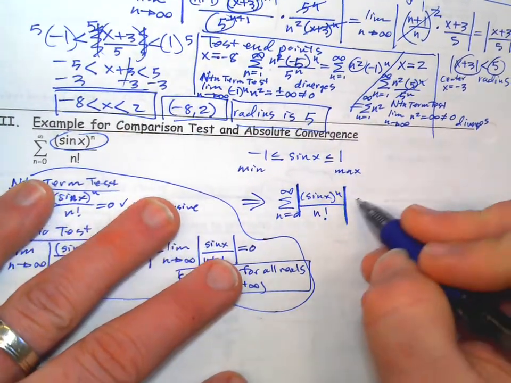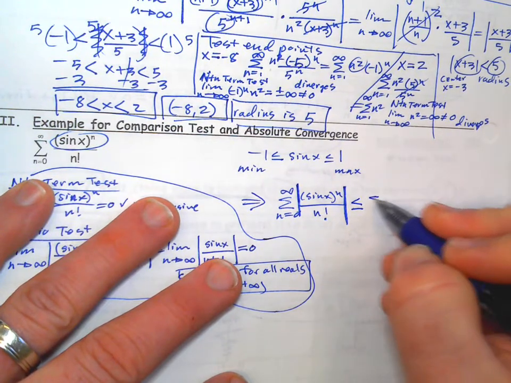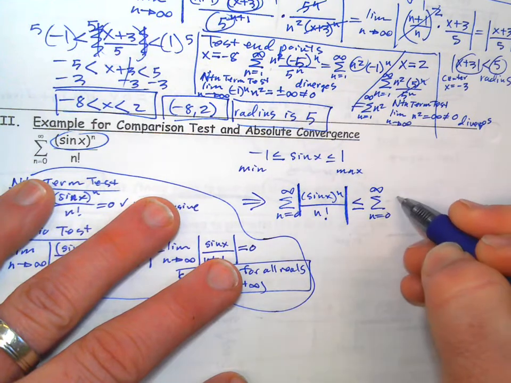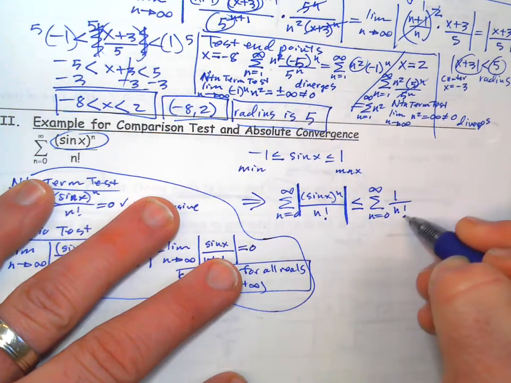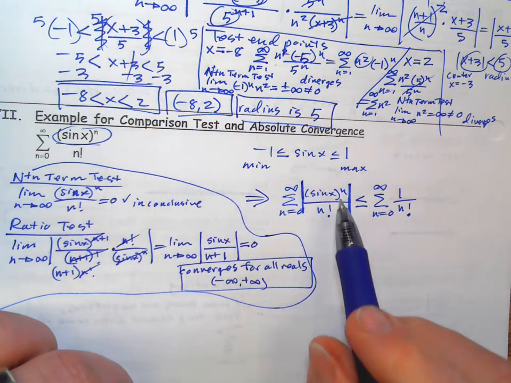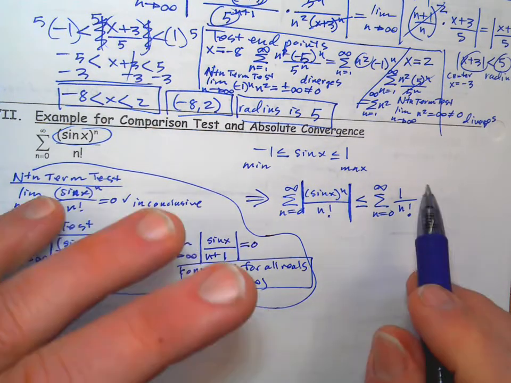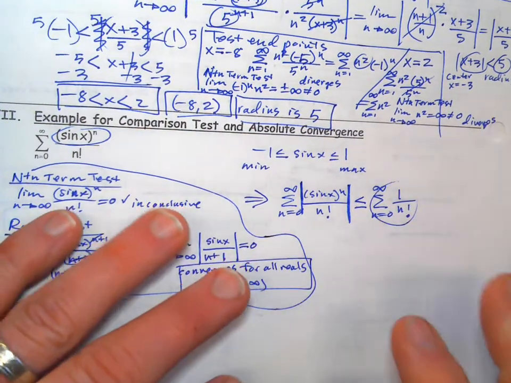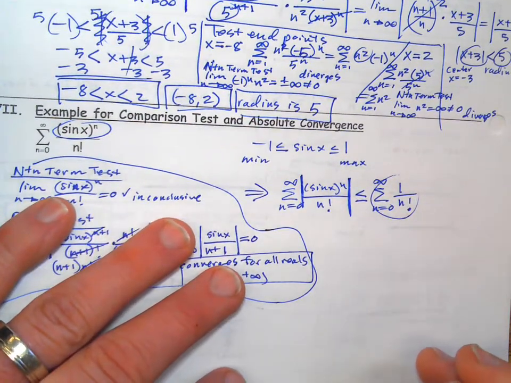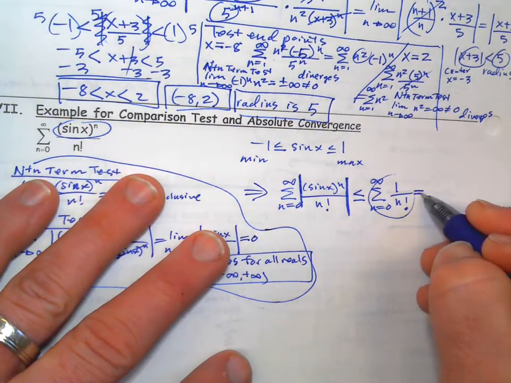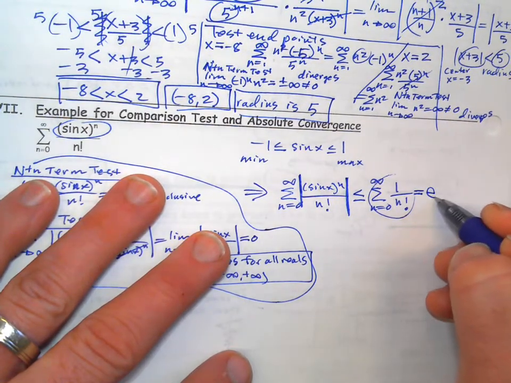We know that this is going to be smaller than, worst case scenario is there's a 1 on top, right? So this is a comparison test. I'm saying this is for sure smaller than this. Now the goal, and this is the hard part, is to find a series that you know converges. Okay. Now this happens to be a series that I know converges to e. It actually equals e.